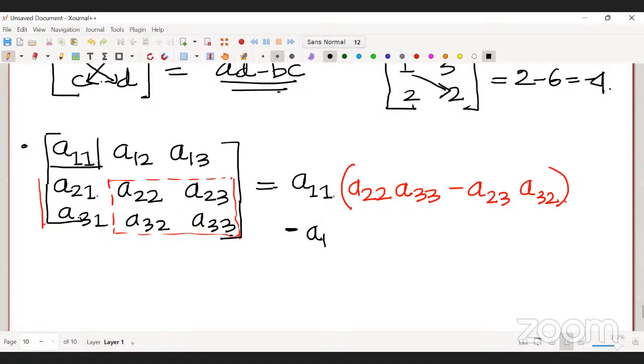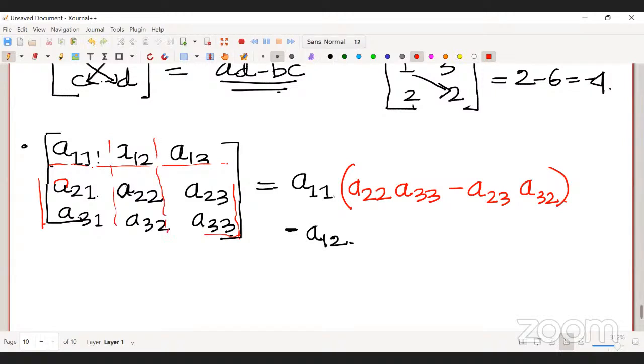So once you have a12, the first row and the second column should be ignored.